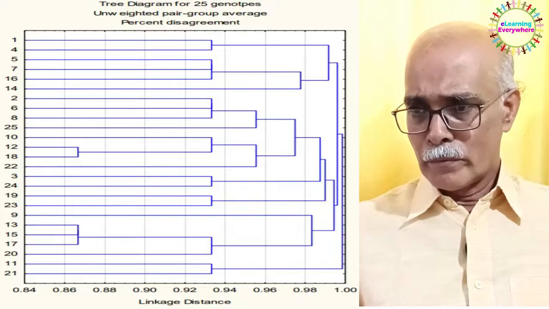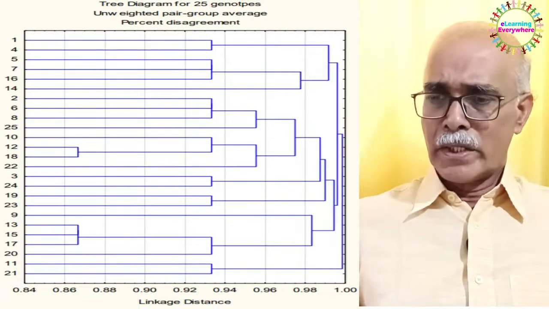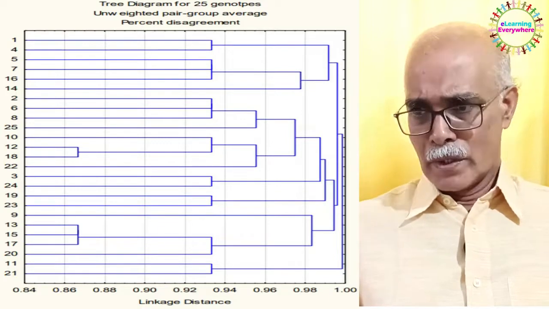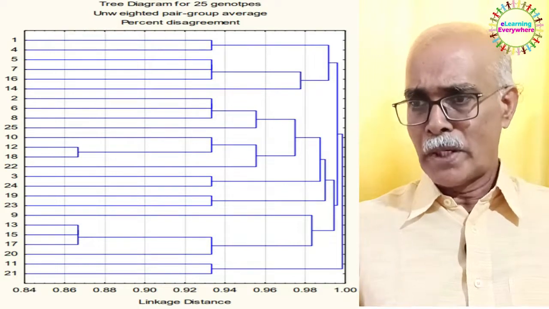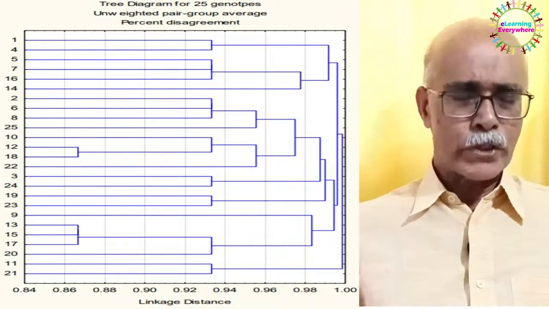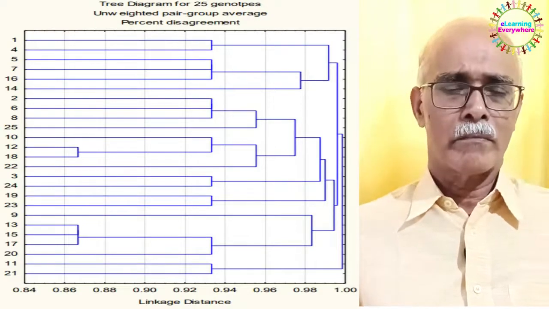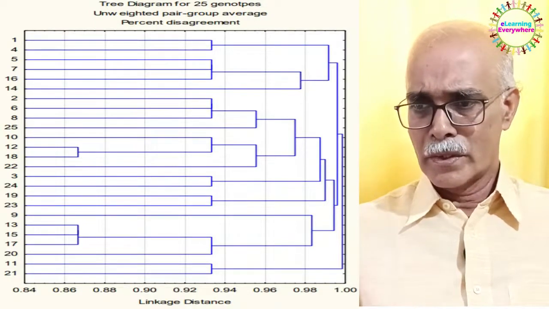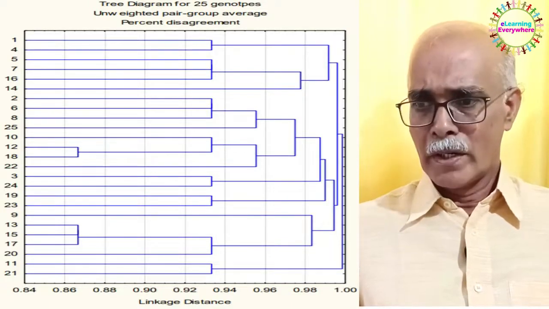Then when you move back, you can see that genotypes are getting split up. Several branches of the tree develop almost simultaneously, and most of the branches bear only one leaf, and some of them bear more than one leaf.